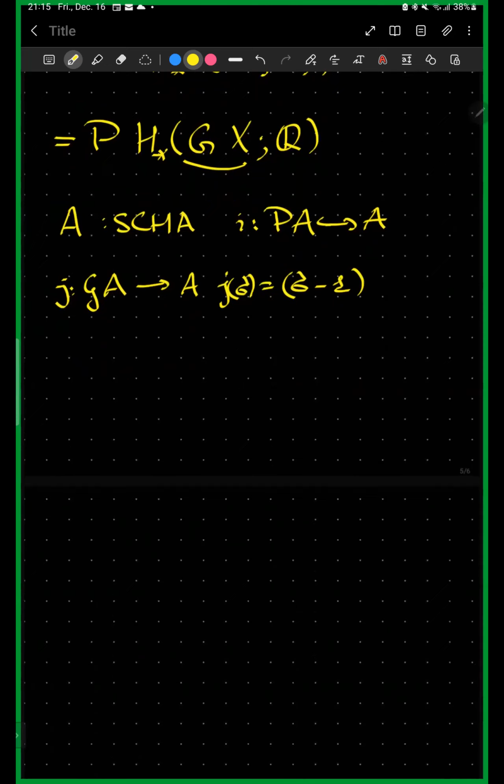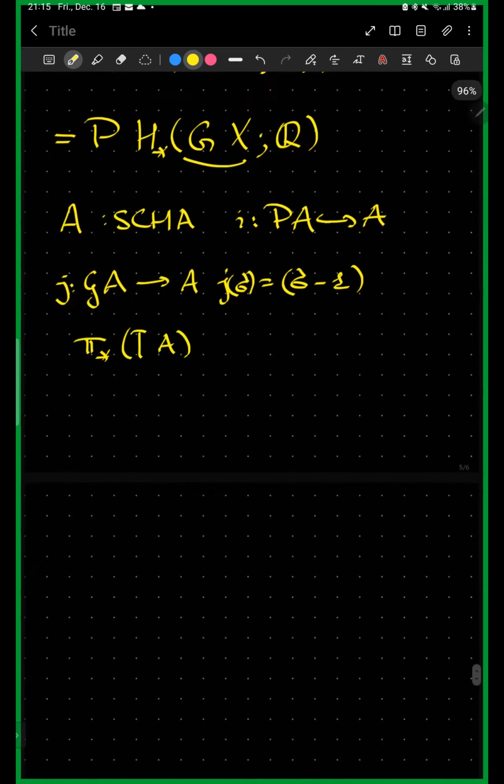Then we have the following diagram. If we take the homotopy groups of primitive elements, we have an isomorphism induced by the exponent with the homotopy groups of group-like elements.